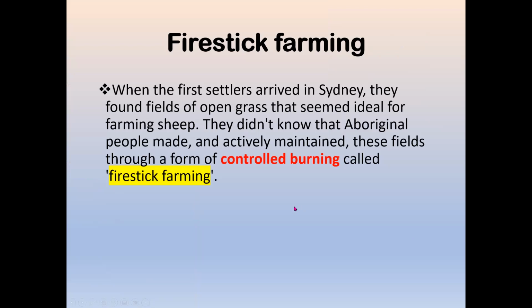So when the first settlers came to Sydney, they found open grass fields, which they said, oh, this is fantastic for sheep. But they didn't know that the Aborigines had made this field and maintained it through what's called controlled burning, for farming.